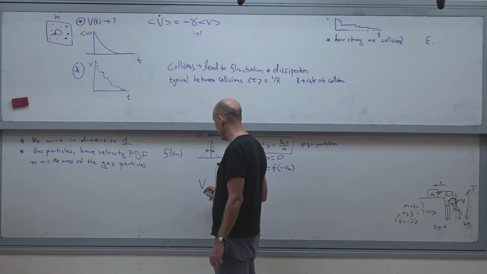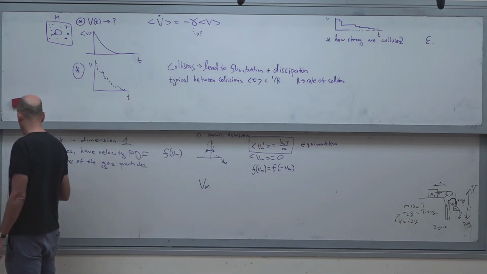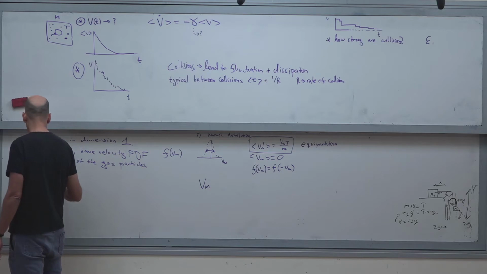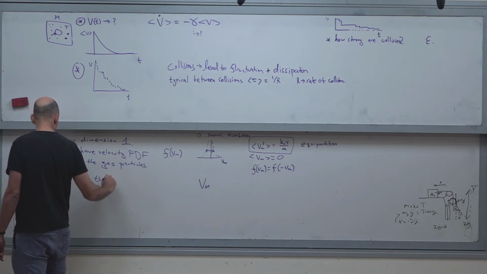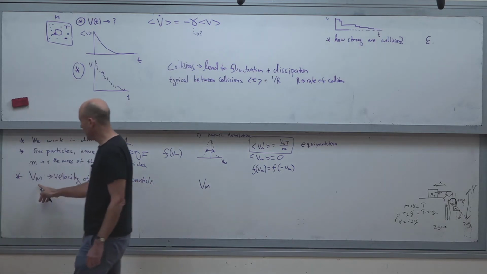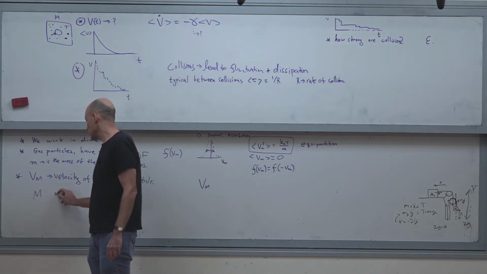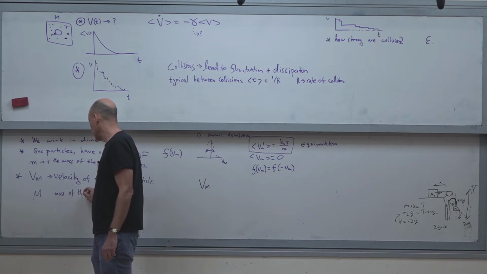We have here capital V_M, this will be the velocity of the tracer particle. The tracer particle is the big particle we are following. This is the Brownian particle, and it has a mass capital M. So capital M is the mass of this particle.